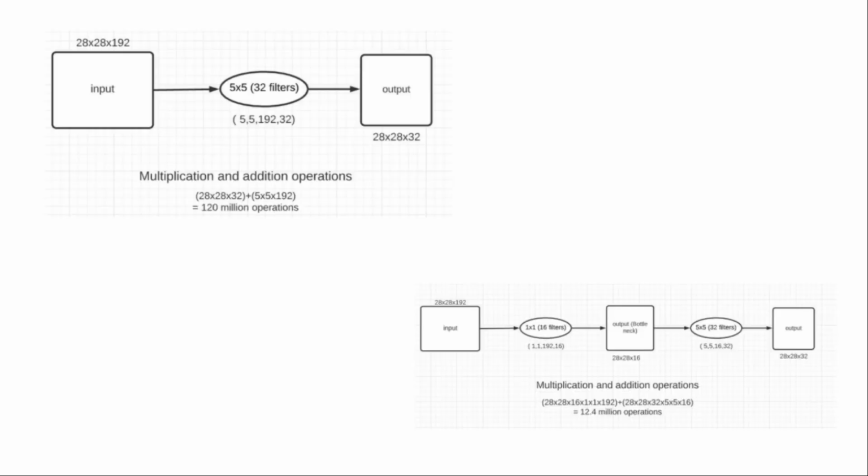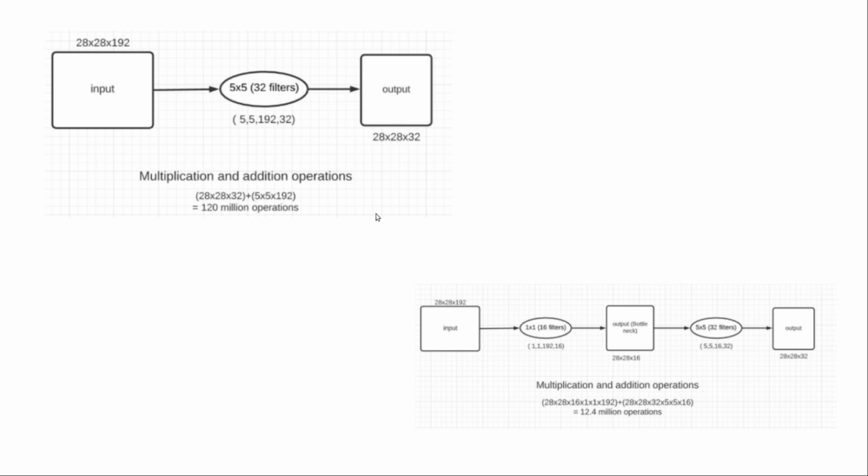And another quick point that I have to mention while discussing Inception is that one of the key motivations of building the Inception module architecture was to reduce the computational complexity by using 1x1 convolution. Let's see how it reduces the total number of parameters. On the top image here on the left, you can see that I have a single input that goes through a 5x5 filter and gives me an output.